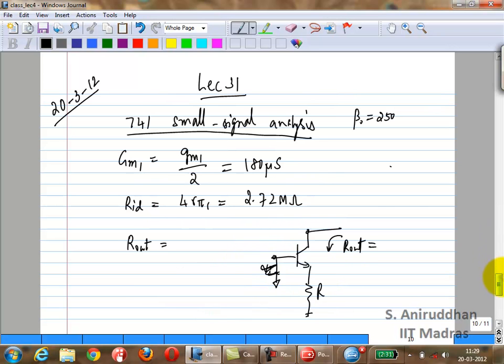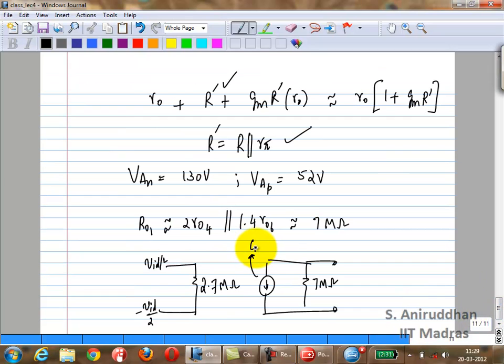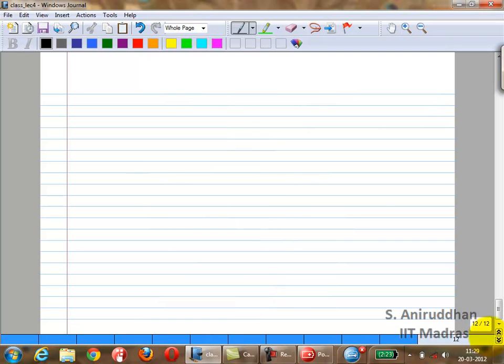And what is the GM? 180 microsiemens. GM1. Okay. GM1 times VID. So this is the equivalent circuit for the first stage. So let's go ahead and find out what happens in the second stage.